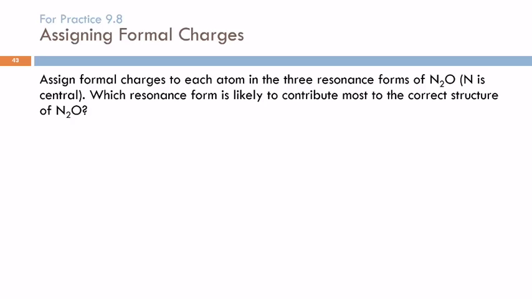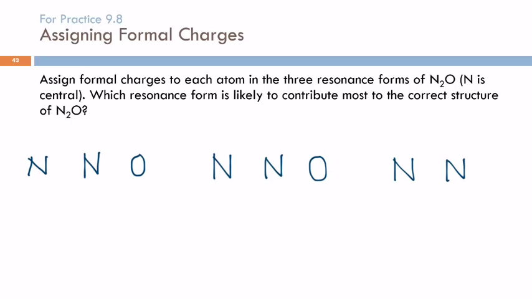Okay, well, we need to put nitrogen in the middle. So we're going to have nitrogen on one side and oxygen on the other side. And then, so the order of the atoms, the skeletal structures is not going to change. I'm going to draw all those guys out. How many valence electrons? 2 times 5 plus 6 is 16.